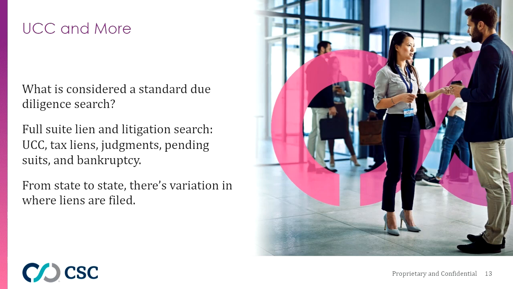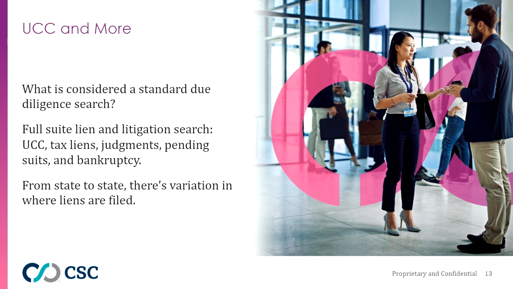Now I'm going to go back and talk about a section I've titled UCC and more. First of all, I just want to pose a question that you might be wondering: what is considered a standard due diligence search? Well, that's a fair and valid question, however, it would be a question that you would determine on your end.